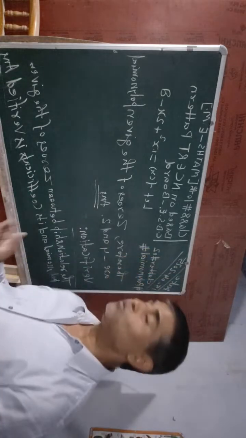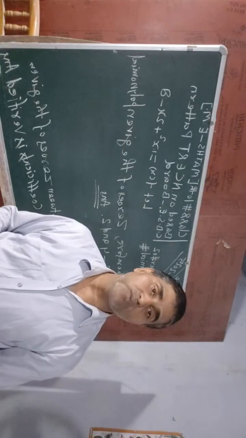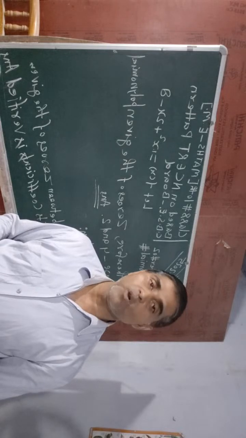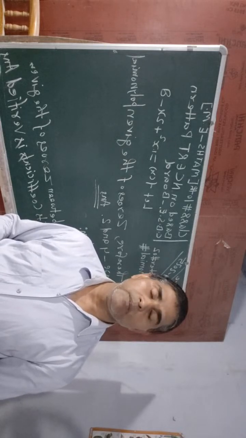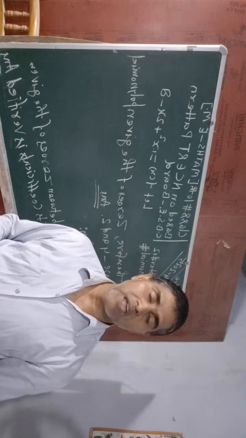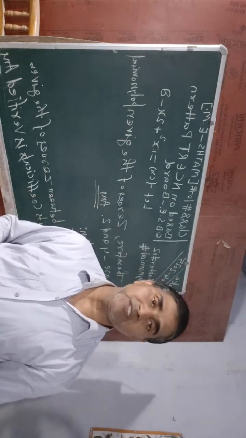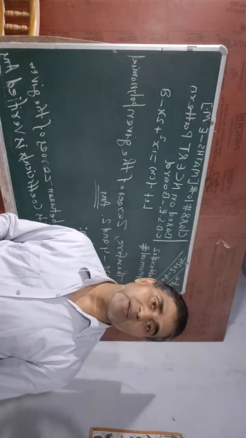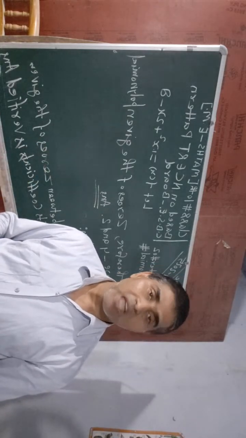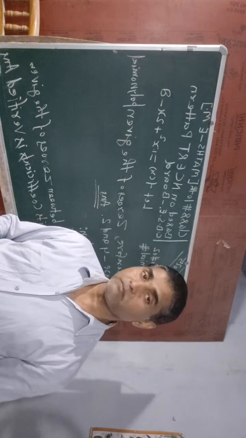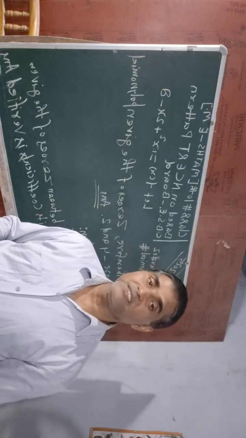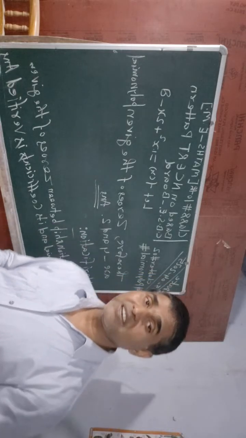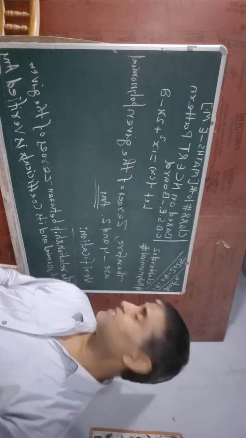And for answer number 2, we have to also find its verification. So first of all, I have got the sum of the roots by the zeros value, and I will arrange that, which will be minus coefficient of x divided by coefficient of x square, and again I will find the product of the roots, that is alpha into beta, which is equal to constant term divided by coefficient of x square.